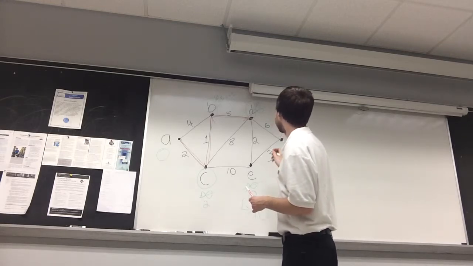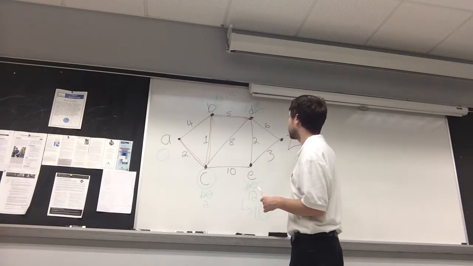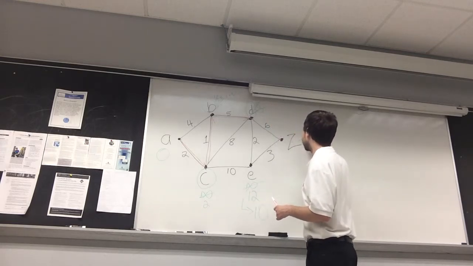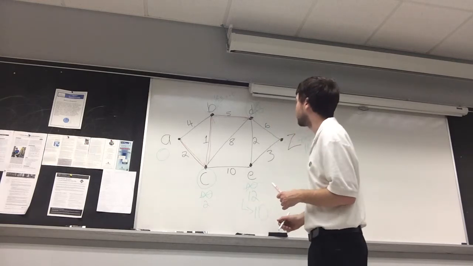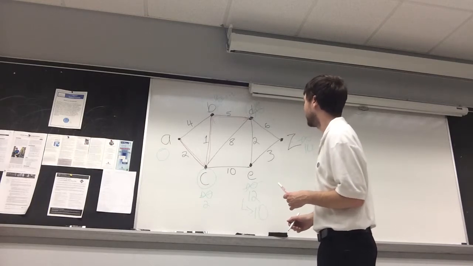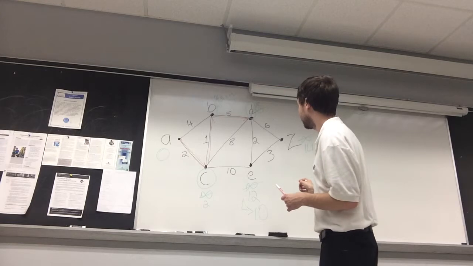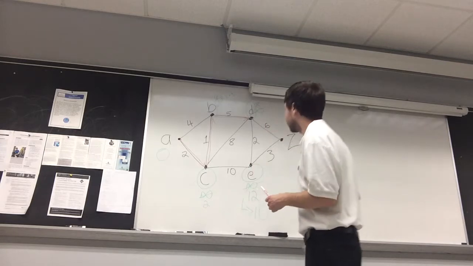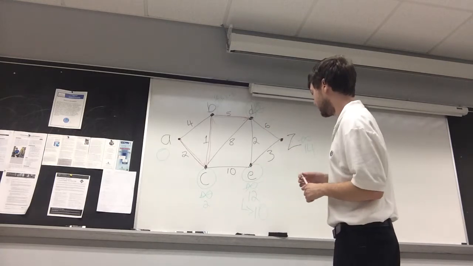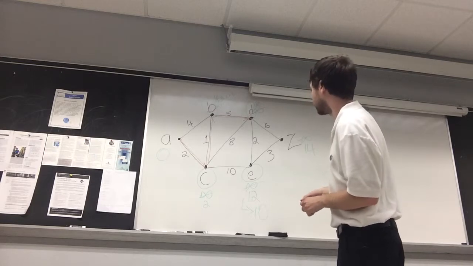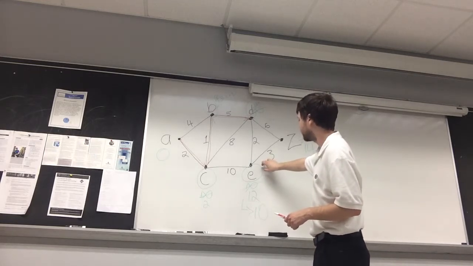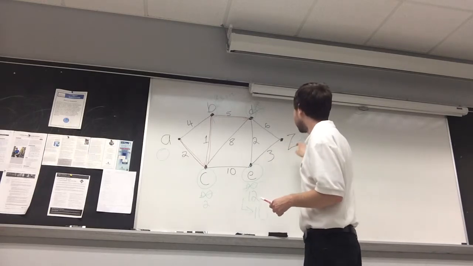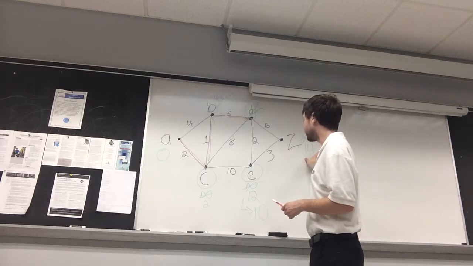And also we want to replace the value for Z, which is our destination, with 8 plus 6, which will give us 14. So we replace infinity with 14 on the end vertex Z. And now we want to examine the other neighbor to D, which is E. We move to this vertex and, as you can see, the edge from E to Z, the destination, is 3, and the current weight on destination Z is 14.